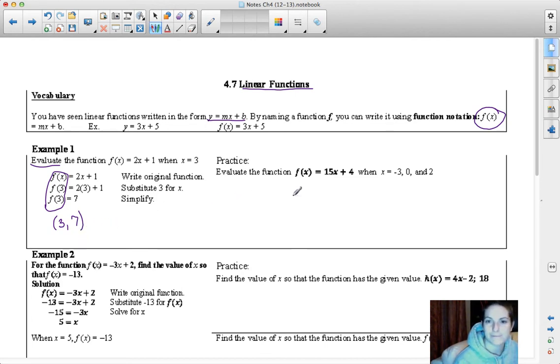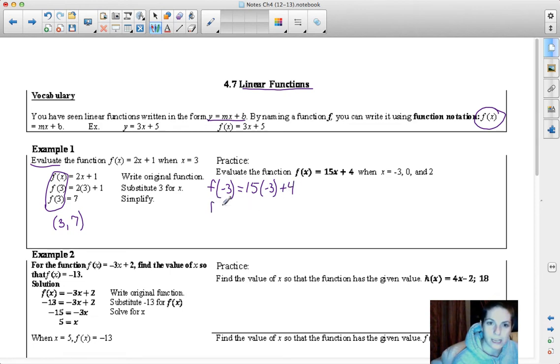Now let's practice it. f of x equals 15x plus 4 when x is equal to negative 3, 0, and 2. So we're going to do 3 different problems. We're going to do f of negative 3. So go into the function and replace the x's with negative 3's. So 15 times negative 3 plus 4.